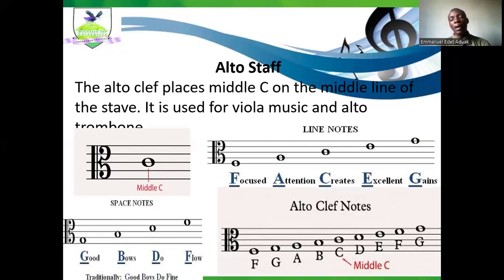We have line 1 F, space 1 G, line 2 A, space 2 B, line 3 C, space 3 D, line 4 E, space 4 F, line 5 G. For piano, we may not need to lay emphasis on this, but it is very important we know about the alto staff and the position of the middle C. Once you know that the middle C is line 3, you'll be able to fix every other letter accordingly.